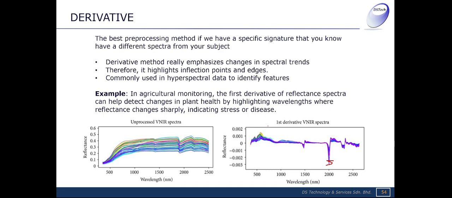This highlights the points on edges. Earlier we saw in the IR range there's a specific dip which gives out the specific structure of a molecule. That's why derivative is a good way to look at pre-processing. It helps you when you do some analysis.